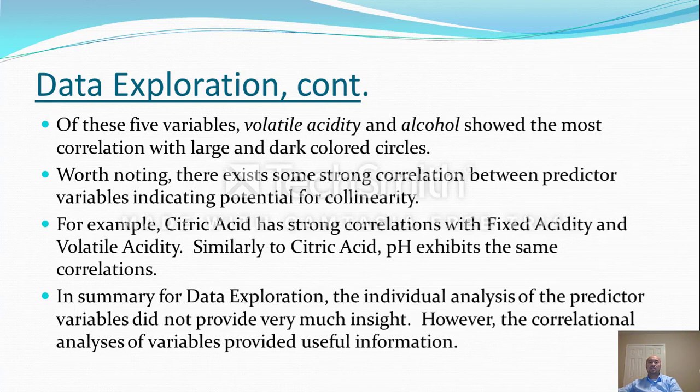An example of this is showcased with the citric acid, which has strong correlations with fixed acidity and volatile acidity. In summary, for the data exploration section, the individual analysis of the predictive variables did not provide very much insight. However, the correlational analyses of variables did provide useful information.